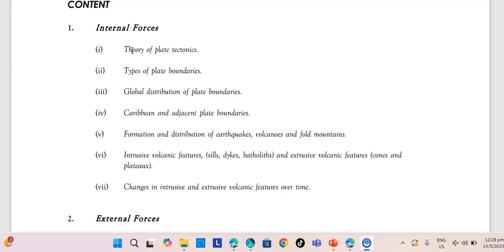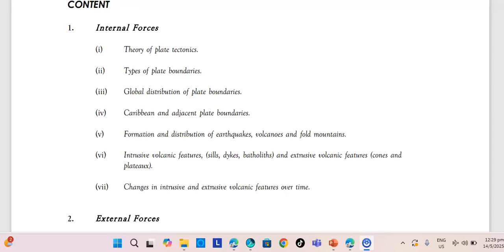Sometimes the plates move away from each other, sometimes they crash into each other, and sometimes they slide past each other. This movement causes things like earthquakes, volcanoes, and the creation of mountains. So, plate tectonics explains how the surface of the Earth changes over time.